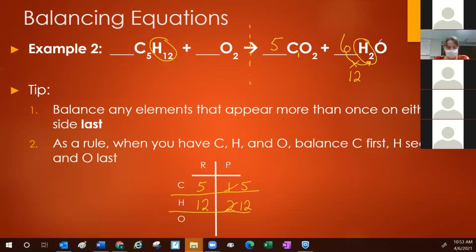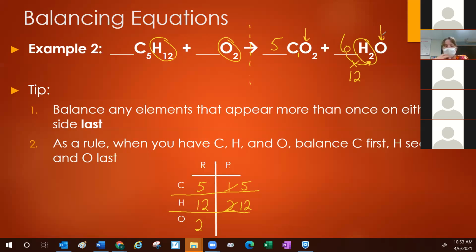Okay, so now let's look at our oxygen. So Annie, on the left side of the arrow, the reactant side, how many oxygens are there right now? 2, good. Okay, because it's just these 2 right here. When we look at the product side, this gets a little bit harder because remember that we have oxygen in 2 places. We have to count the total number of oxygens on that side.